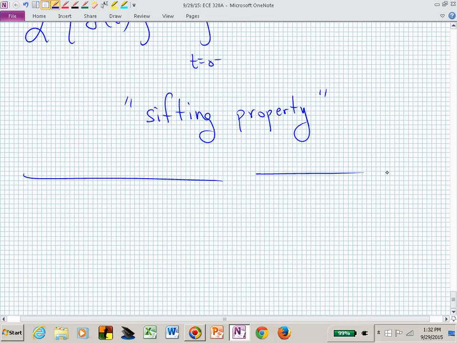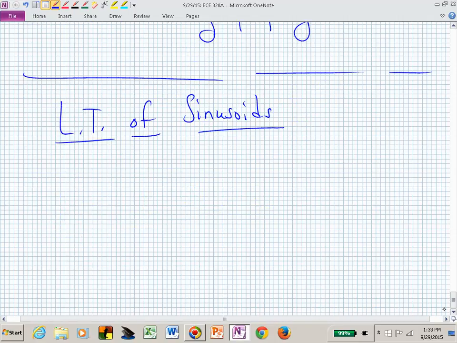We want to now start Laplace transforming sinusoids. But we're going to do that indirectly. We're going to do it by realizing that we can represent sinusoids as a combination of complex exponentials. Meaning, let's just see if we can Laplace transform this generic exponent, e to the gamma t, and we'll let gamma be different things.